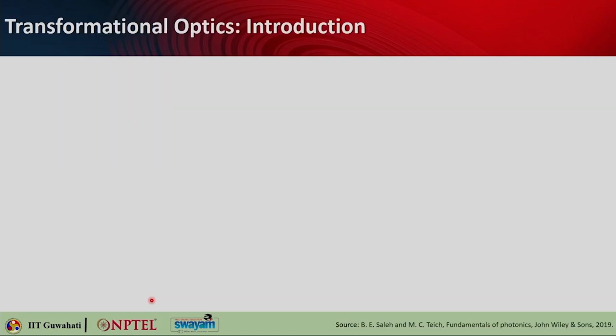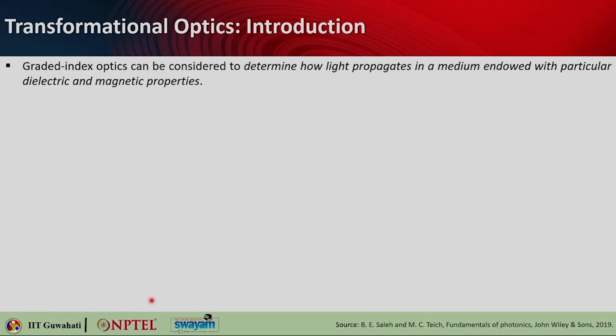So let's introduce transformation optics. The first thing that should come to your mind is that this is coming from some sort of coordinate transformation. The requirement for transformation optics comes from the fact that you want to bend light in a particular way depending on your will.